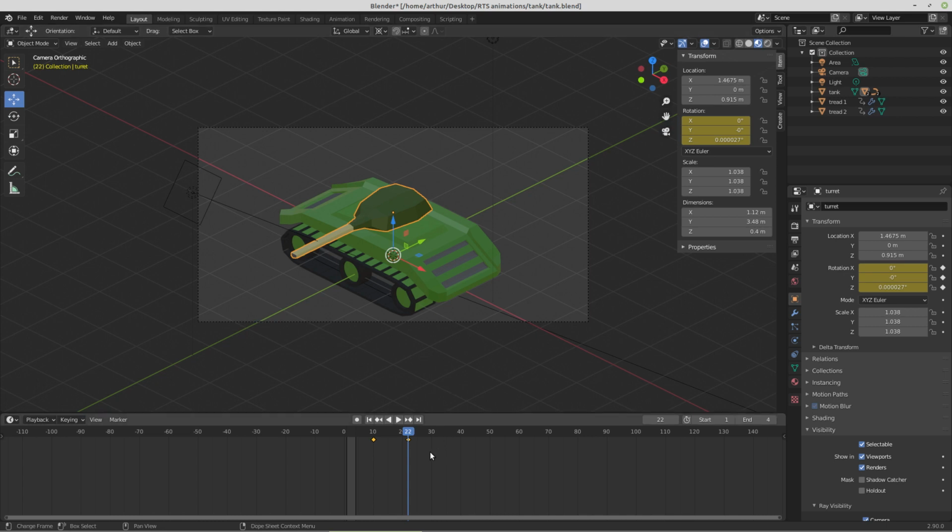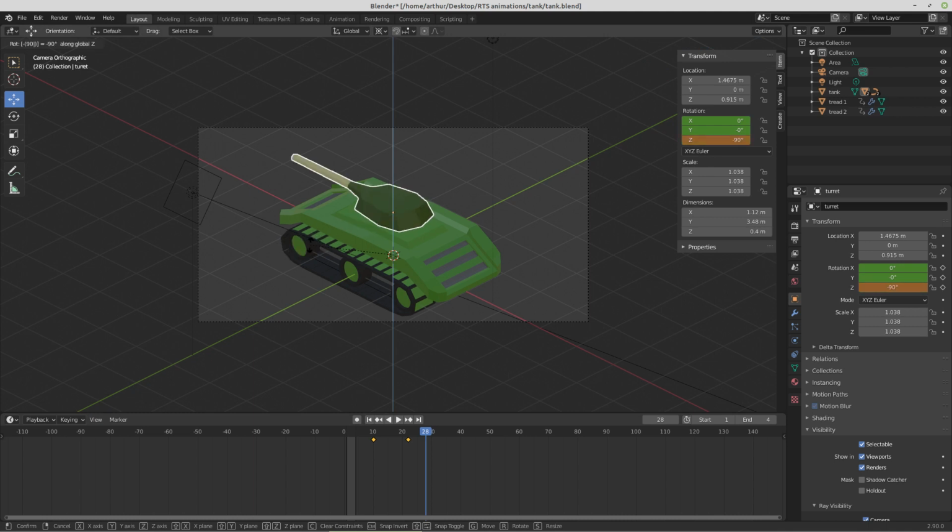So we're going to use the arrow key, 10, 20, 30, 40, 50, 60, which advances the playhead by 6 frames. Then rotate the turret, Z, 90 degrees, and I forgot to do minus 90 again. We'll try to remember that next time. Enter, insert the keyframe for rotation.